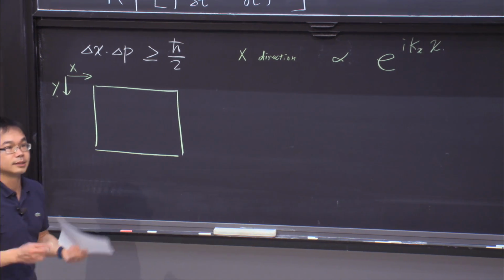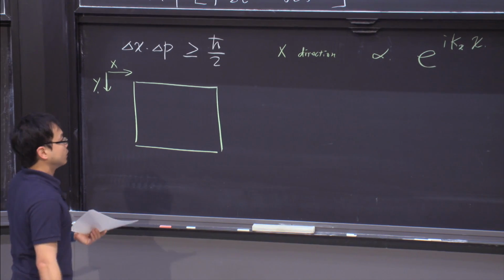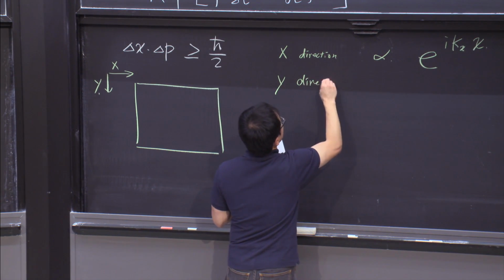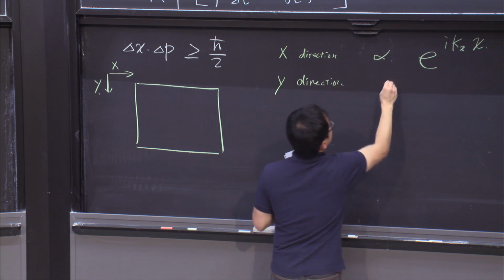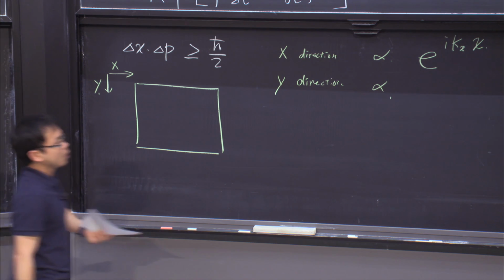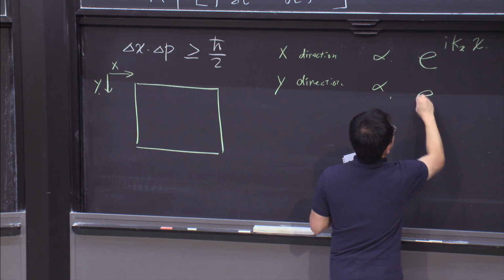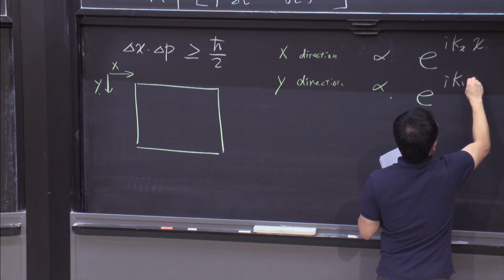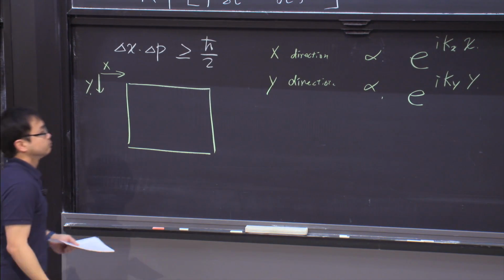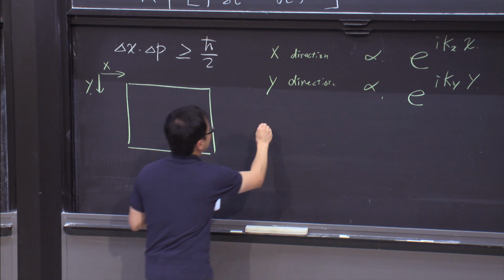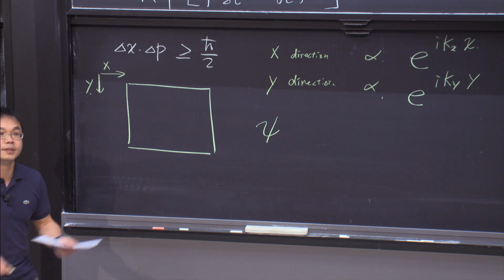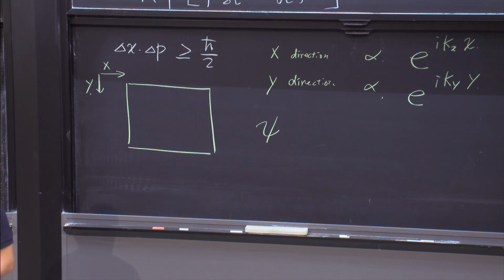That's one consequence which we learned from the discussion of symmetry. And in the y direction, I can conclude also that the normal mode will be proportional to exponential i k_y y. Therefore, I already know the functional form of the normal mode of this highly symmetric system.